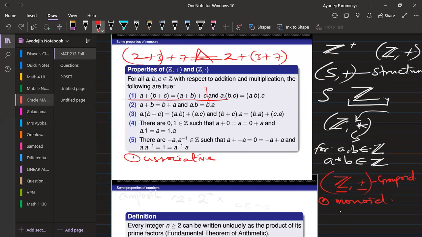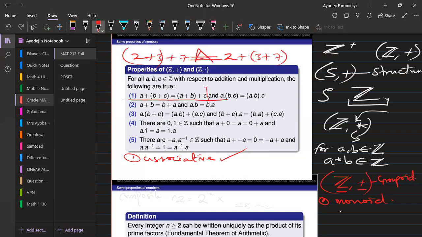So that is associativity. Not all binary operations will satisfy the property of associativity. So in that case, the structure will not be a monoid. Okay, wait, hold on.